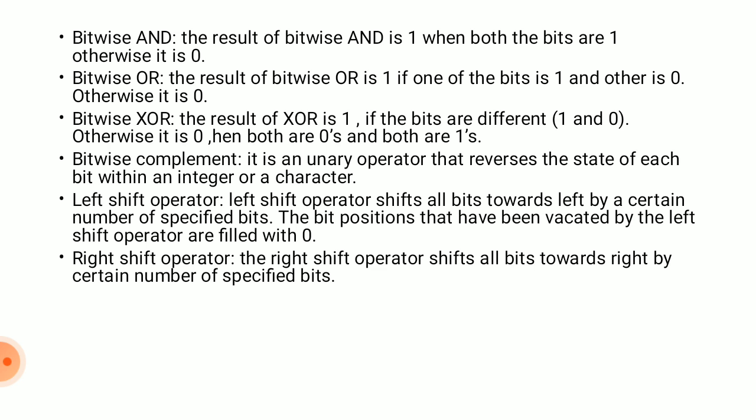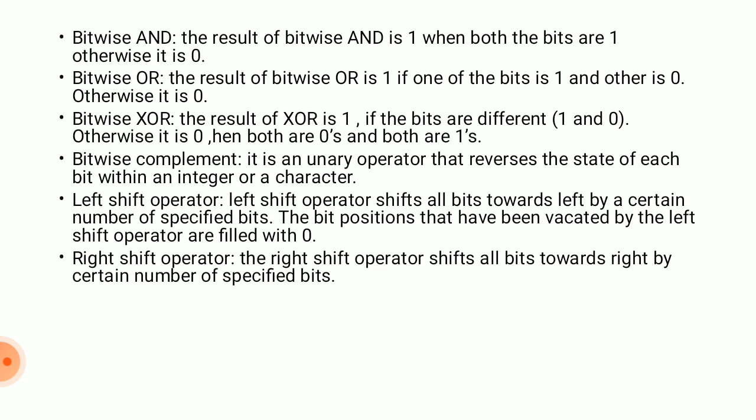If both the bits are the same, that is 0 0 or 1 1, true true or false false, then the result will always be 0. If the bits are different, then only the result will be 1, otherwise it is 0. That is bitwise XOR.